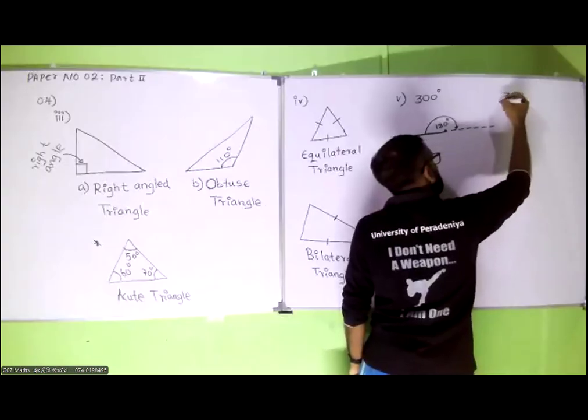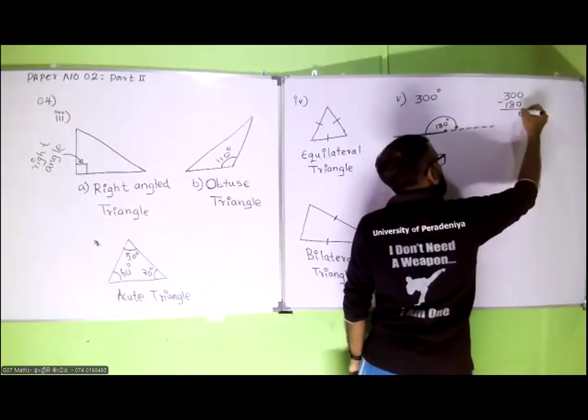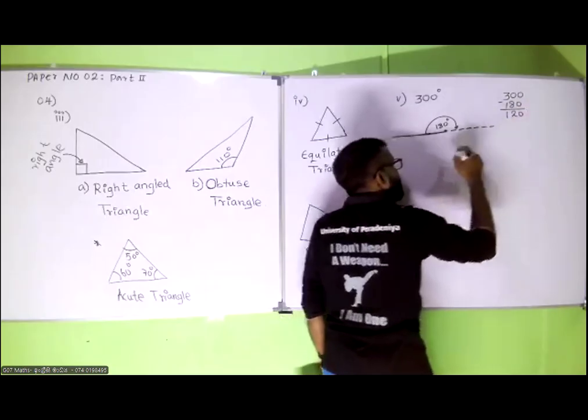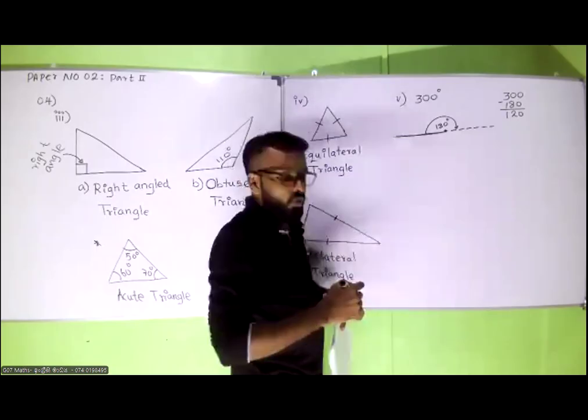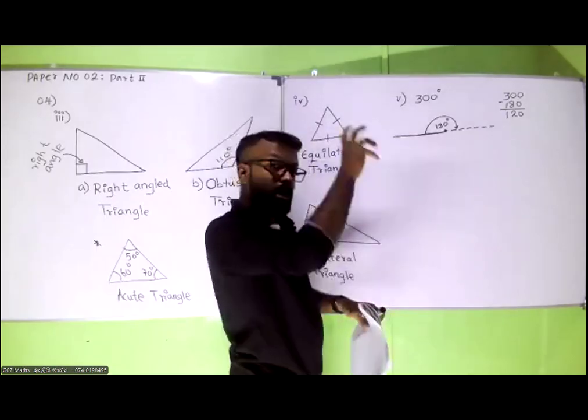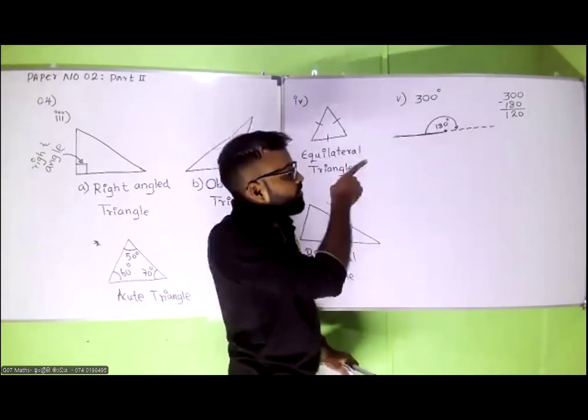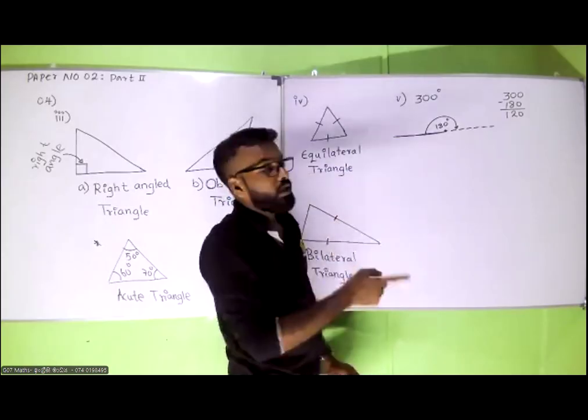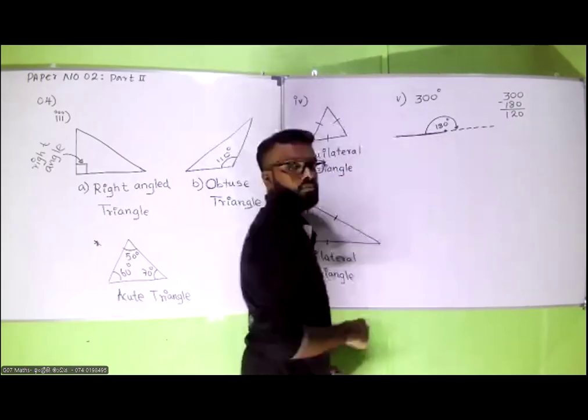What is the subtraction? 120. So if you want to draw a reflex angle of 300 degrees, we have to draw the rest of the angle as 120 degrees from here to here.